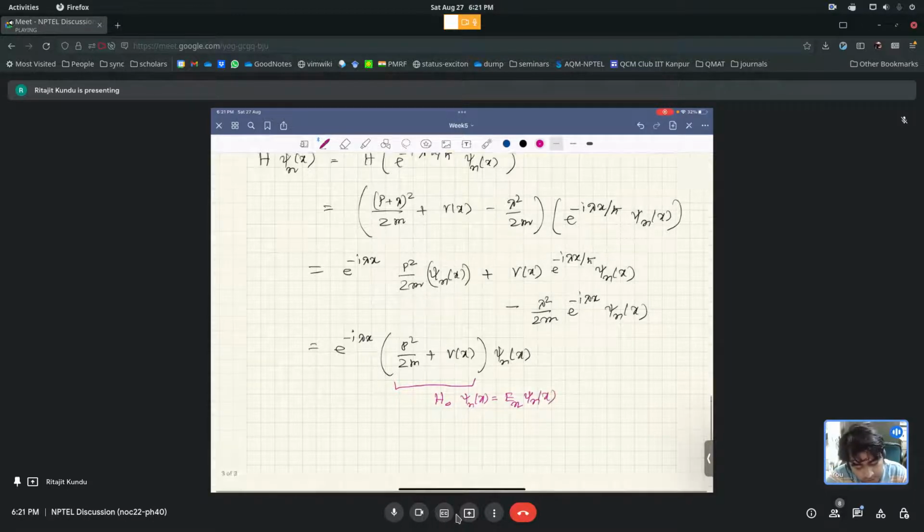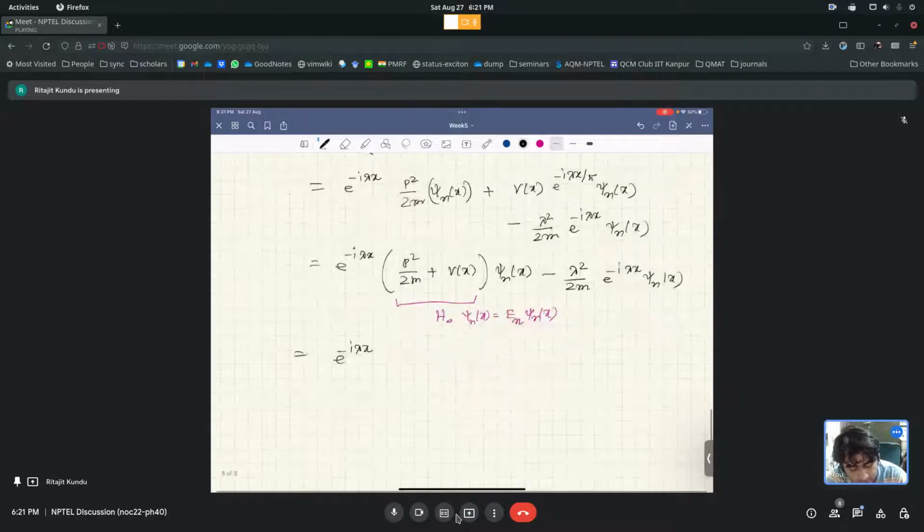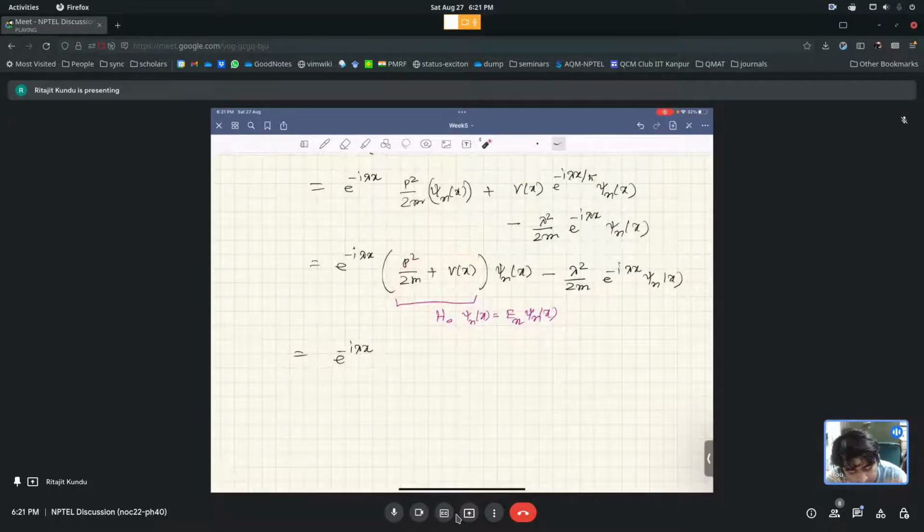So you'll just use that, but the last term is left, lambda square by 2m e to the power minus i lambda x psi n of x. Let's put all of these pieces together: in place of this I'll directly put E n psi n of x, and then lambda square by 2m e to the power minus i lambda x psi n of x.